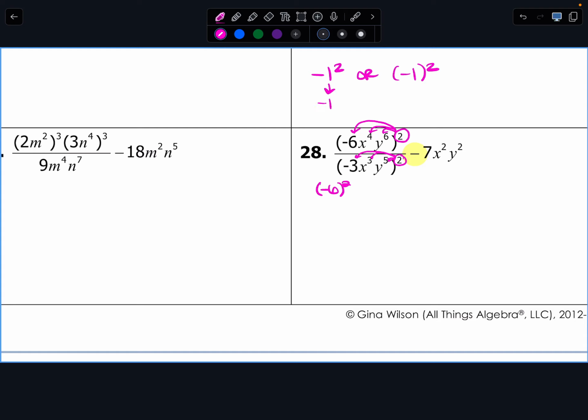Why does it do that? PEMDAS. It does the squared first of 1 and then multiplies by a negative. If you take the negative 1 as a quantity squared and put parentheses around it, it will give you a positive 1. It's because your calculator thinks it's smarter than you and it's not. And it does order of operations the way you don't want it to.